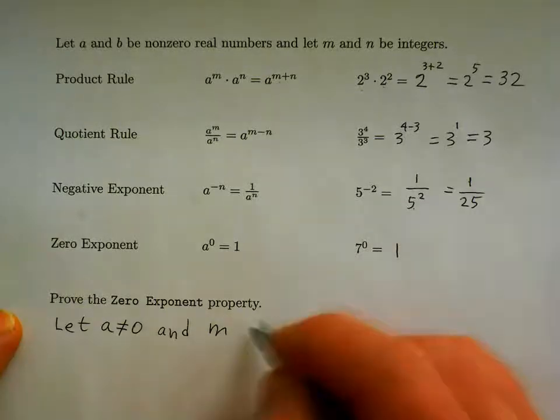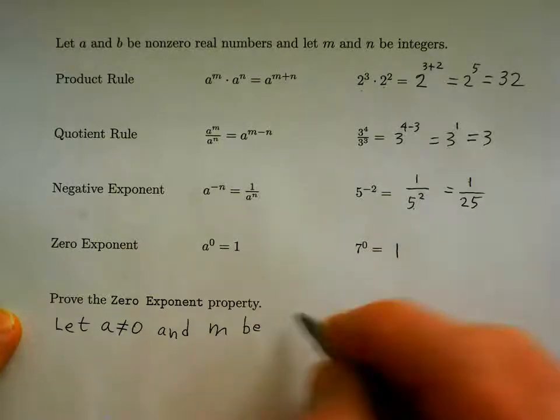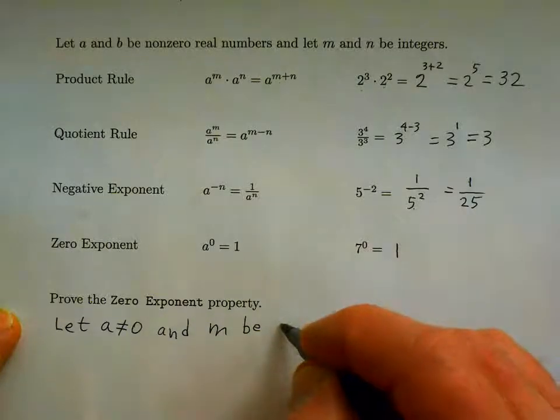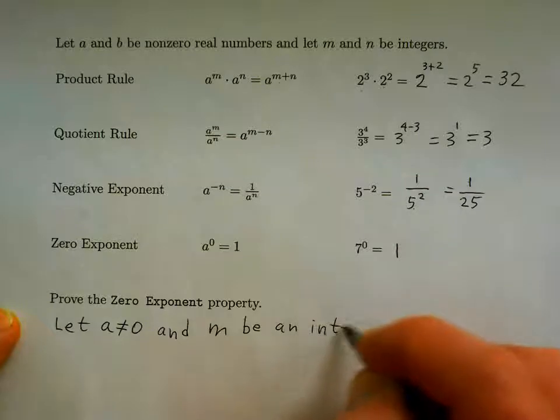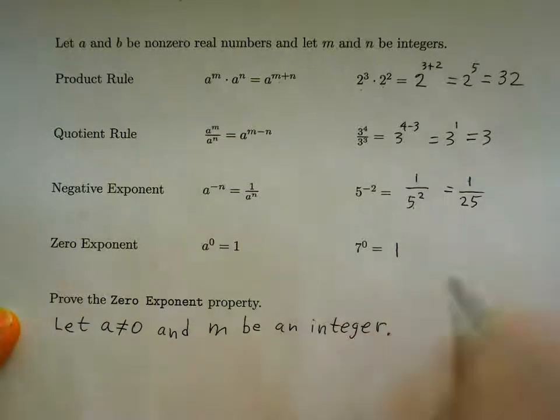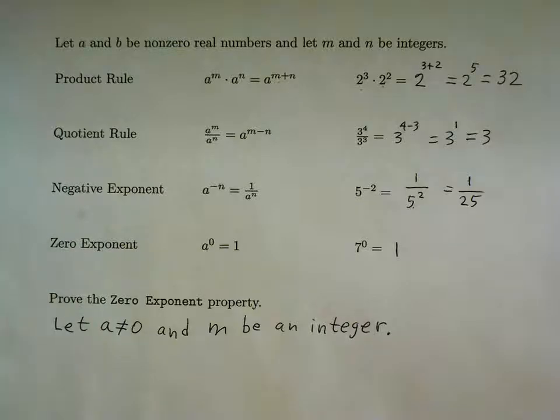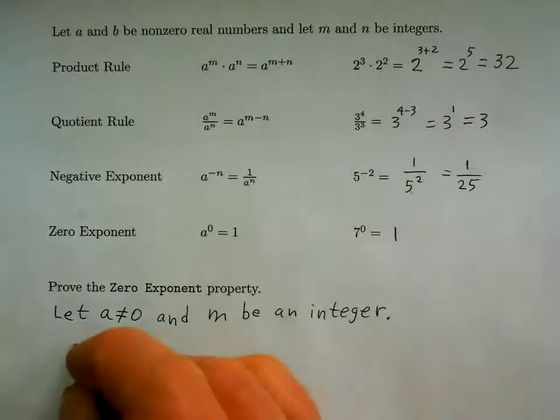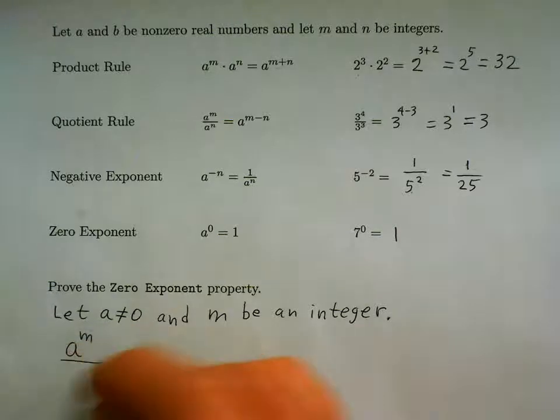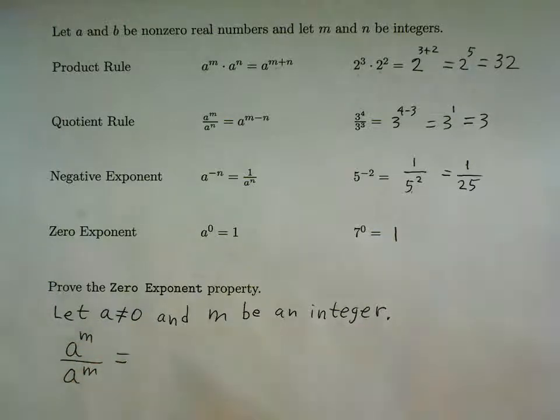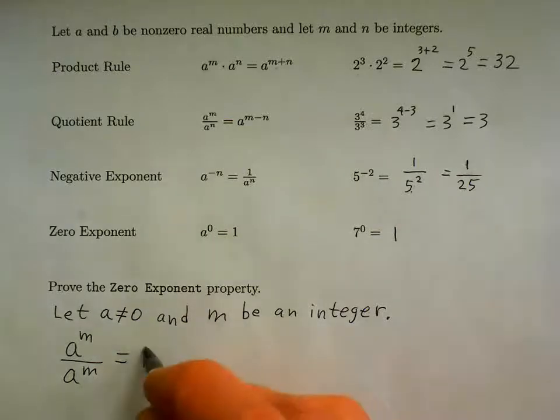Well, an integer. Okay, so if we divide a to the m by a to the m, if we divide a non-zero number by itself, we know that that's equal to 1, right? No disagreement about that?